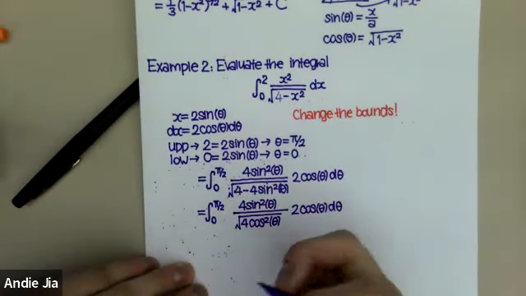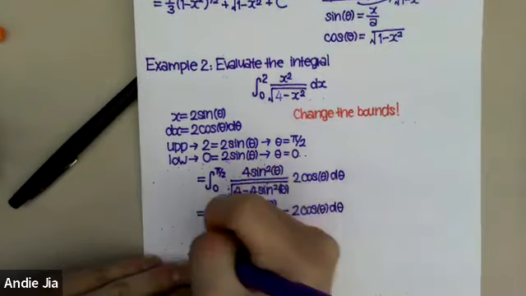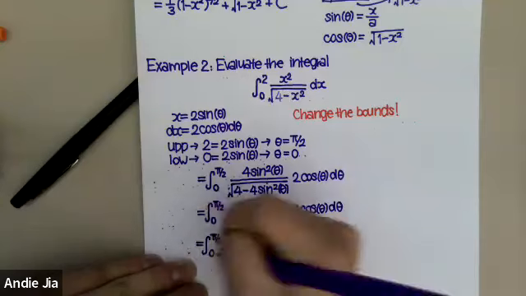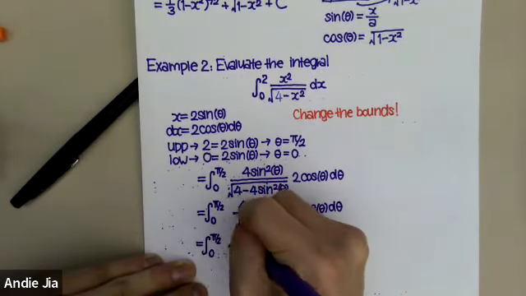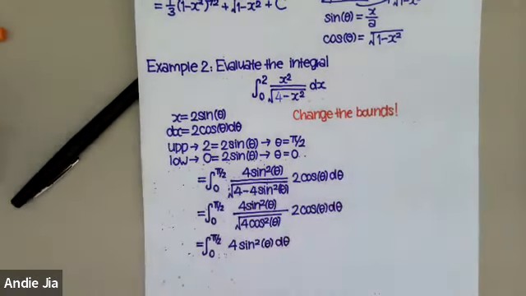And then this cancels with the 2 cosine. So now, another trick, pi over 2 and 0. So it's going to be 4 sine squared of theta d theta.